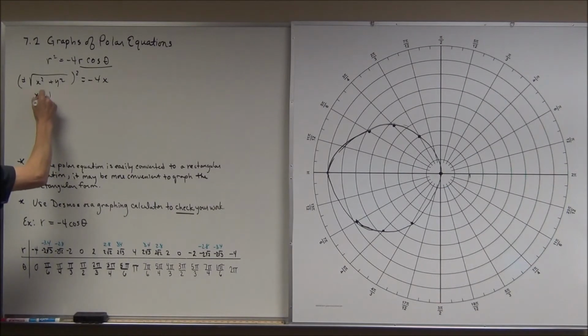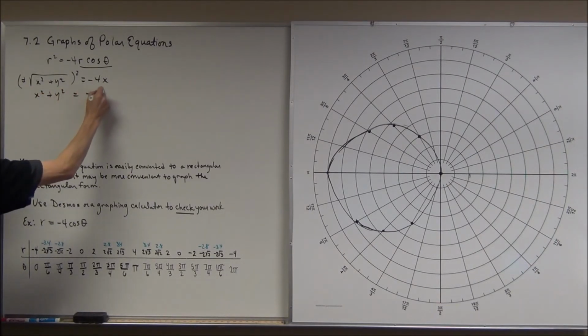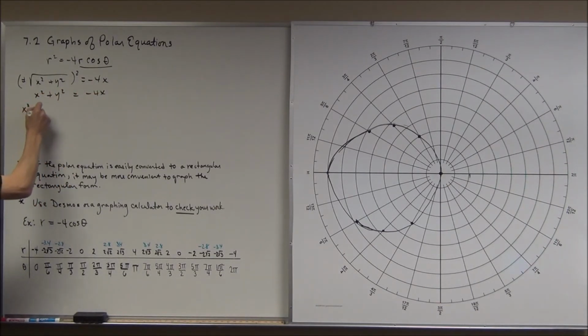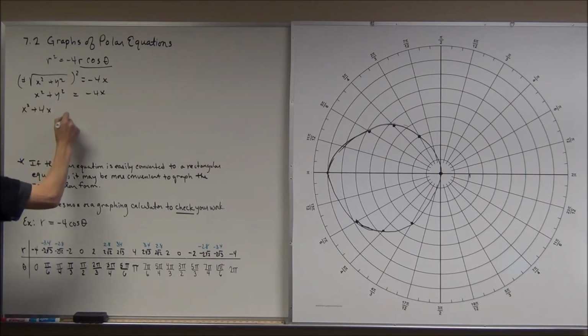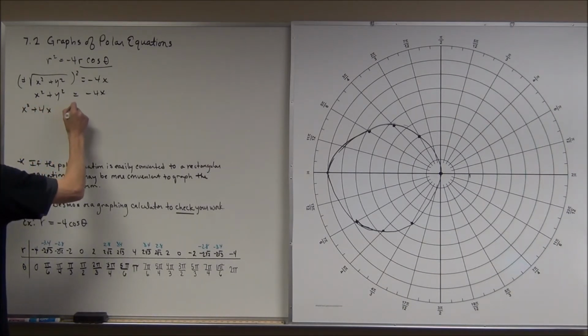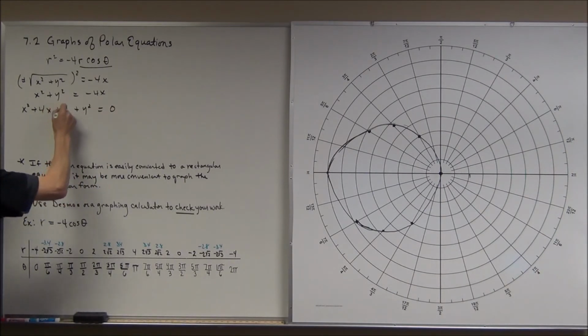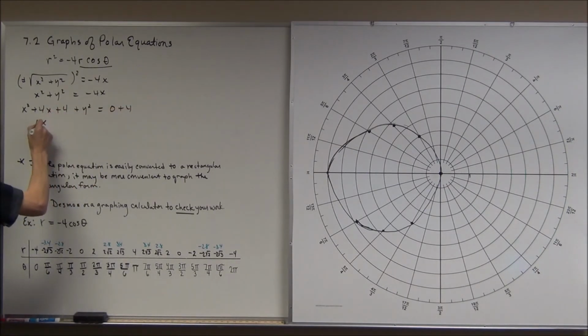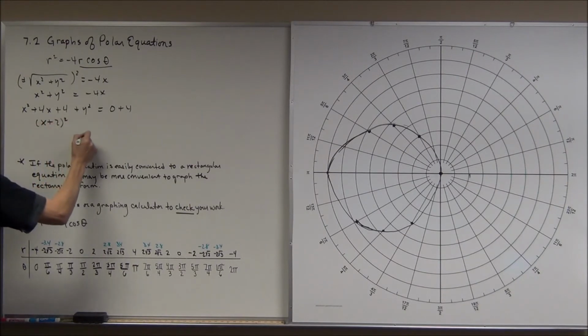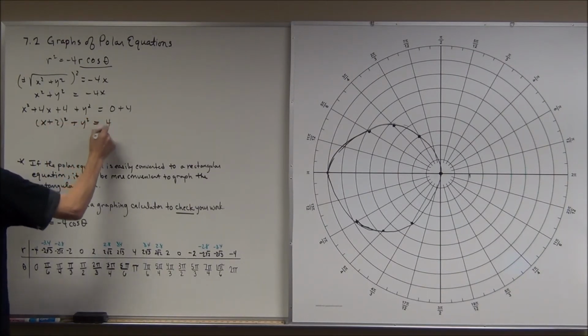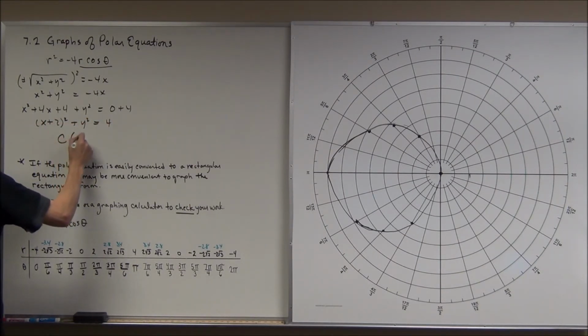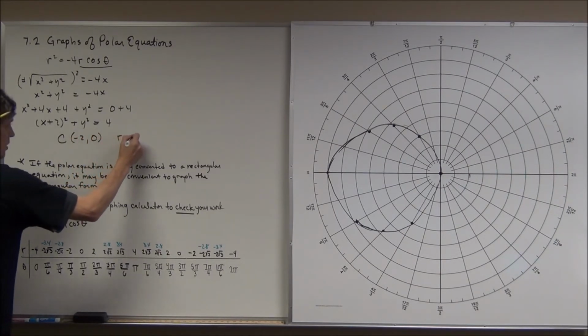So I have x squared plus y squared equals negative 4x. If I add 4x to both sides, and then complete the square, I add 4, I'm going to have x plus 2 quantity squared plus y squared equals 4. So this is a circle with center at negative 2, 0, and radius 2.